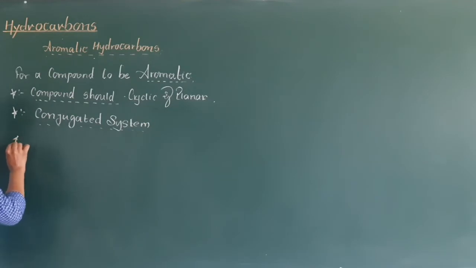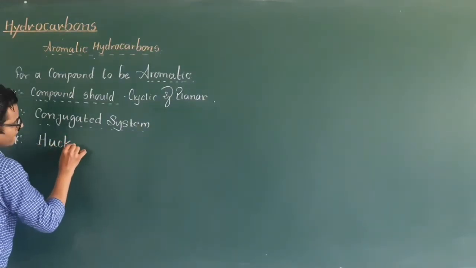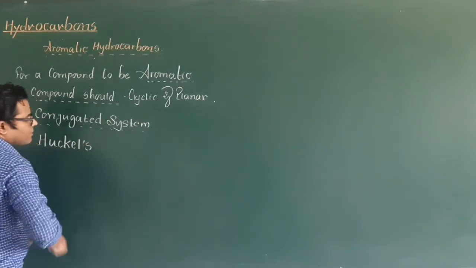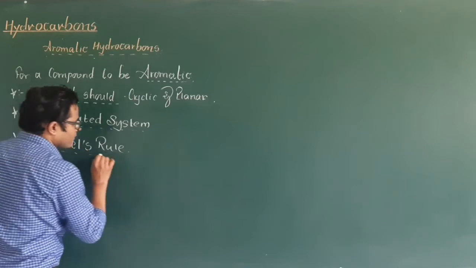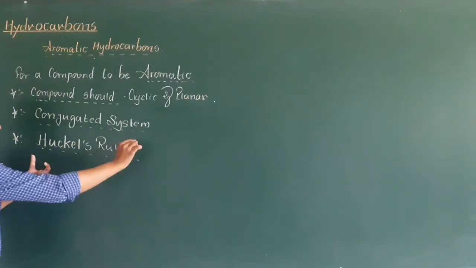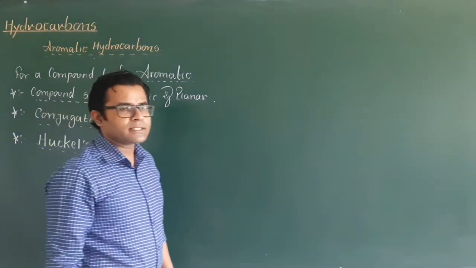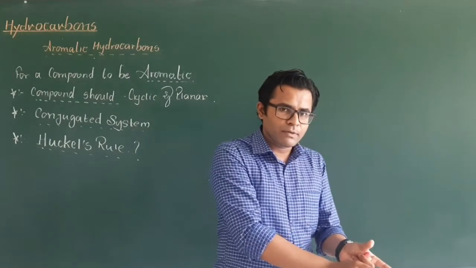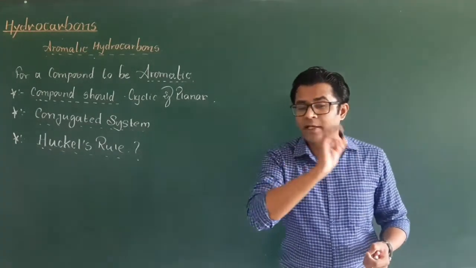And the third condition is very, very important, and that is going to be Hückel's rule. So it has to follow Hückel's rule. These are the 3 points. Now, what exactly is Hückel's rule here? It is a statement which you can apply directly to understand whether the compound is aromatic or not.